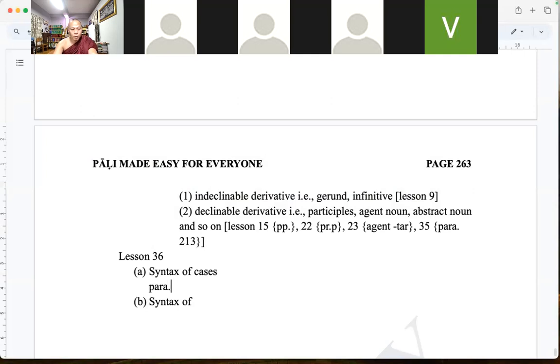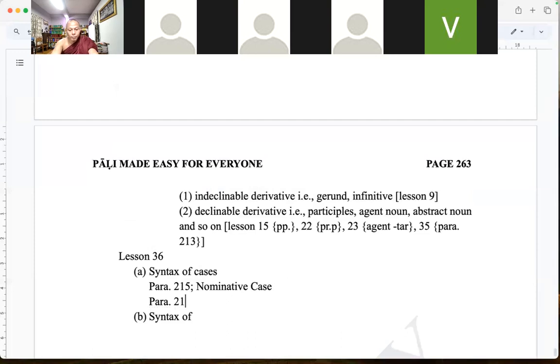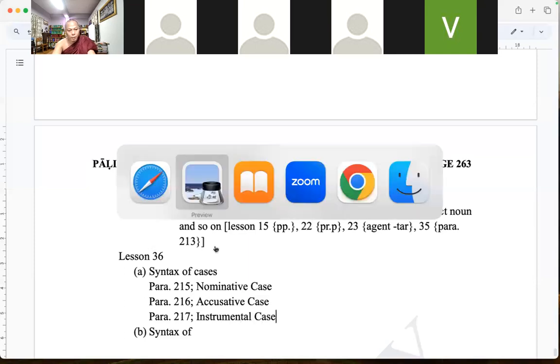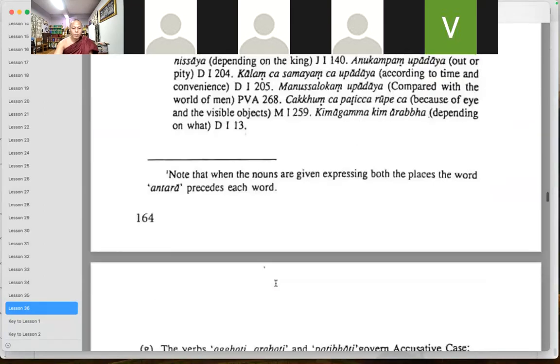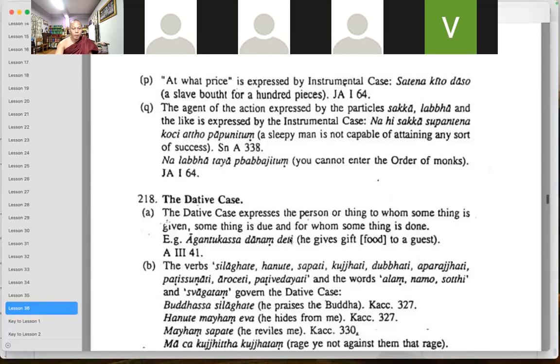Paragraph number 216 is accusative. Then paragraph number 217 is instrumental, and 218 is dative.